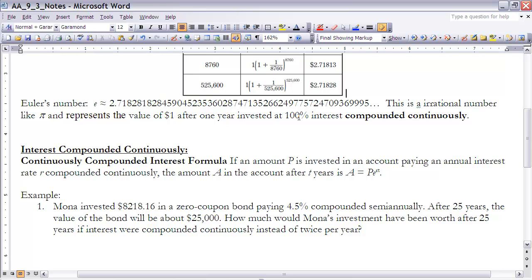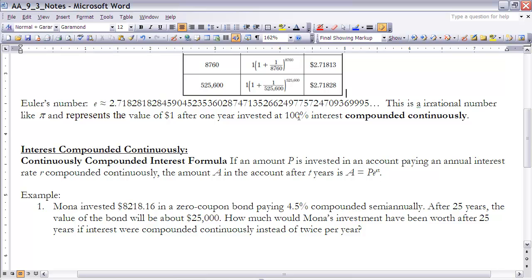By knowing about Euler's number, we can calculate interest on a continuous basis, and we can apply it to any type of growth or decay that is a continuous situation.